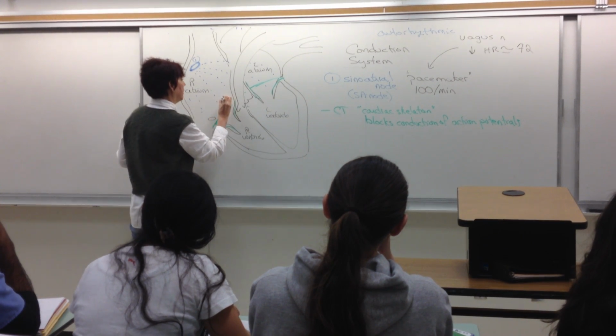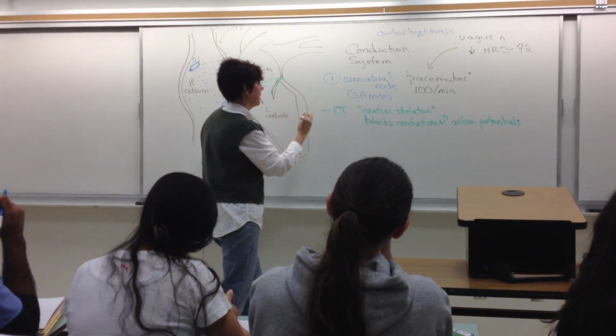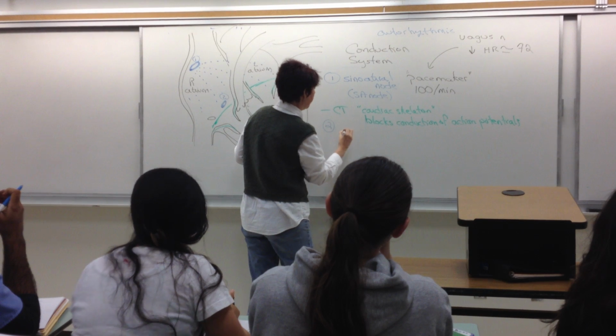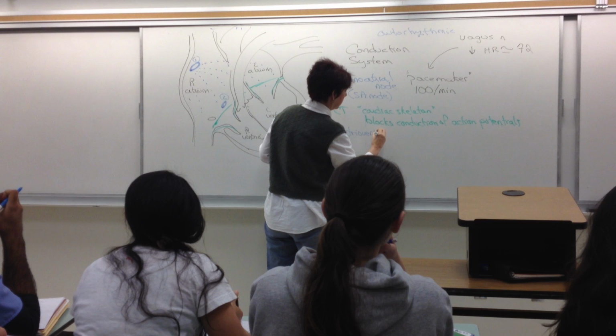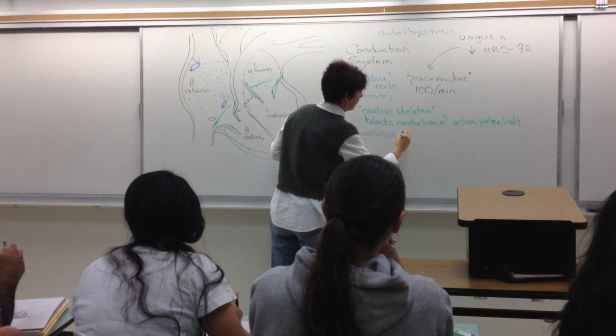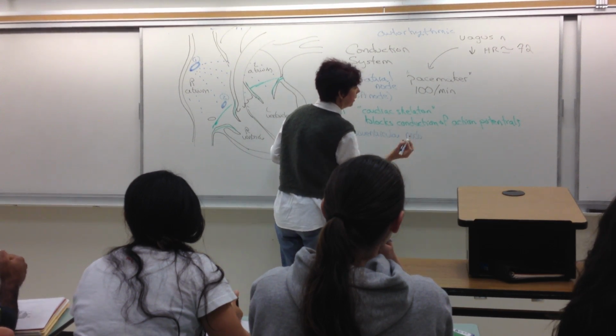And this particular component of the conduction system is identified as the atrioventricular node, or AV node.